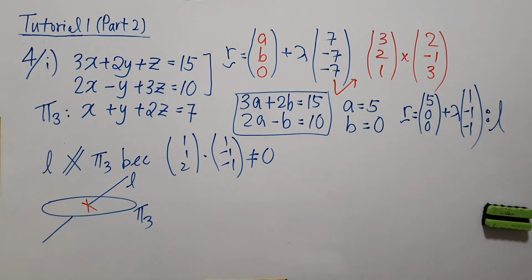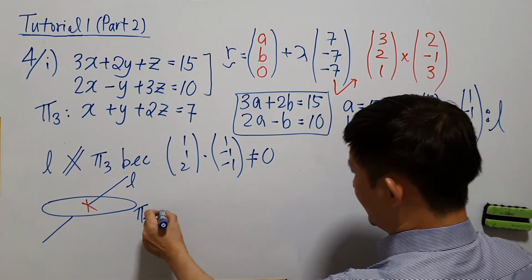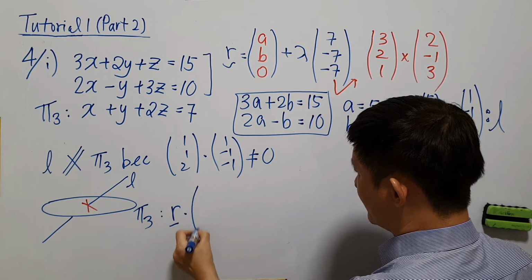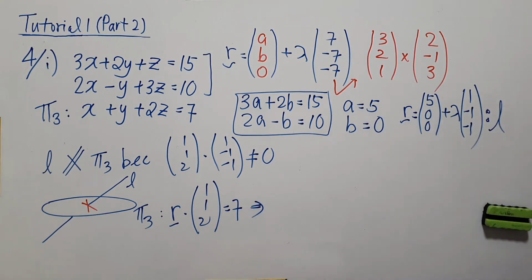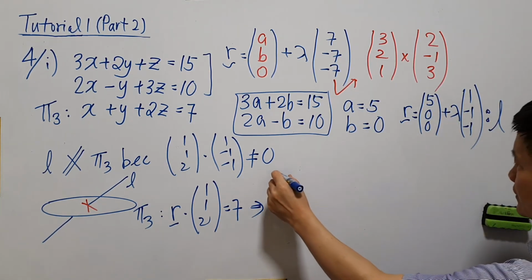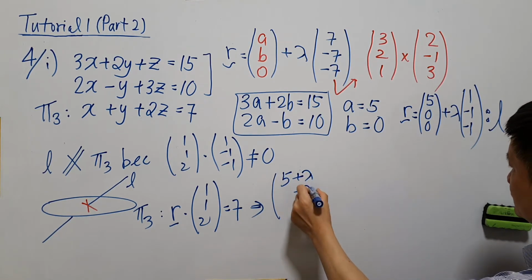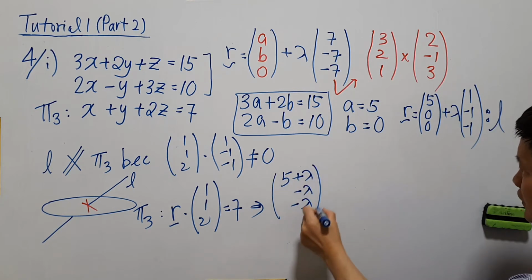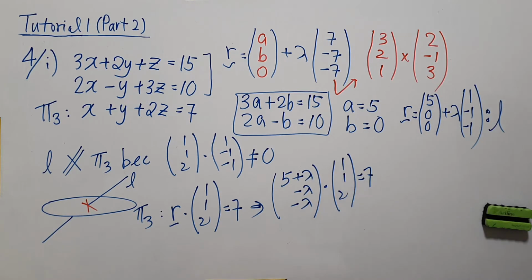So now you want to solve for the intersecting point between the line L and the plane. What you do is put this entire equation into the equation of plane pi 3. Pi 3 has an equation that looks like this: r dot 1, 1, 2 equals 7. So in place of r, you bring in 5 plus lambda, dot with 1, 1, 2, equals 7.